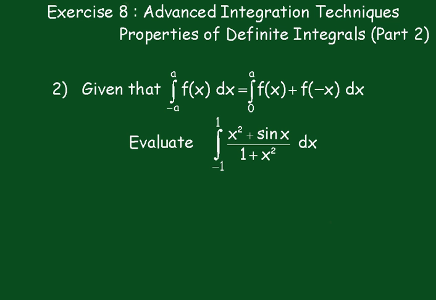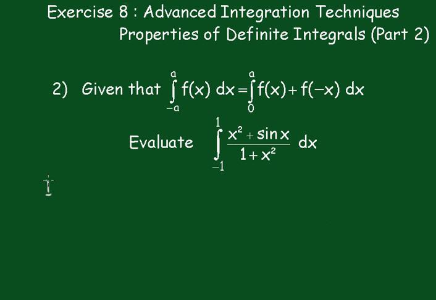Alright, here's the second example. Right, so have a go at this one. Pause the video. Evaluate the integral of x squared plus sine x on 1 plus x squared dx between 1 and minus 1. Okay, here we go.